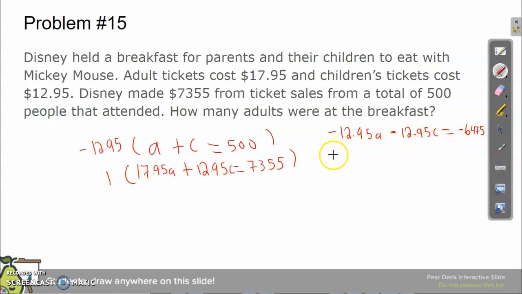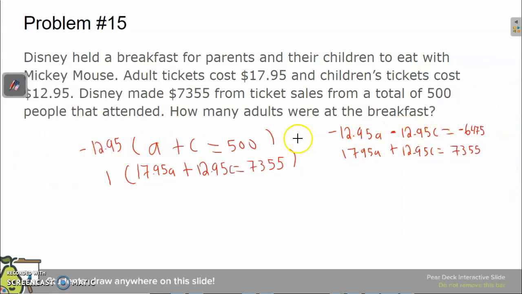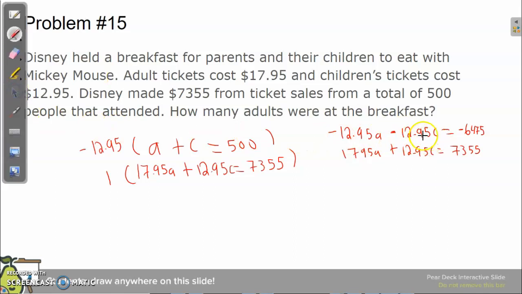And then comes the bottom one. Everything's being multiplied by 1, so it stays the same. So this is 17.95a, and then plus 12.95c, which equals 7,355. And from here, guys, you should be able to see your elimination. Negative number, positive number, they're both the same.